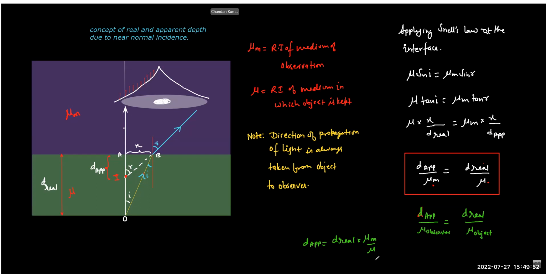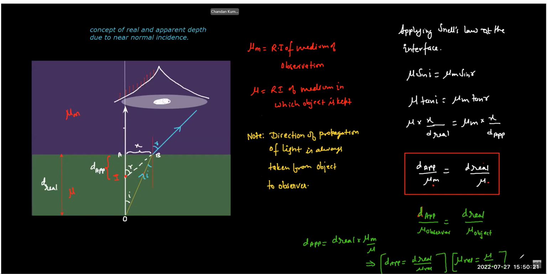And this we can rewrite as D apparent is D real upon mu relative. And mu relative is always taken with respect to the observer, which is mu upon mu medium. Is this clear? Yes, sir. So the near normal incidence is giving this answer.